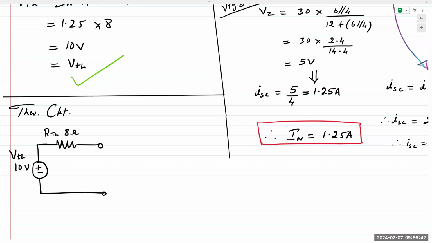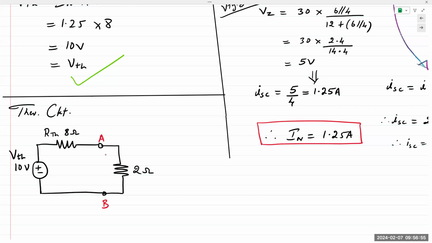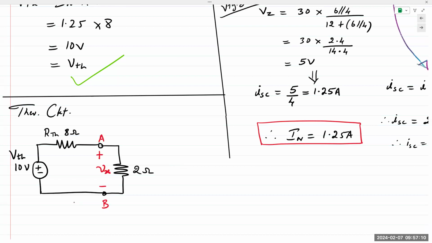And a resistor was connected here, the 2 ohm resistor. This is A, this is B, plus minus, and this was given as Vx in the original circuit diagram. I wanted to find Vx now for 2 ohms. Vx is 10 times 2 divided by 2 plus 8, 2 volts.